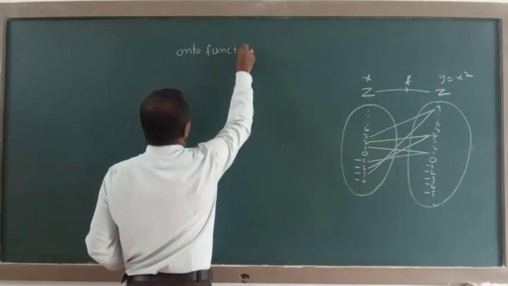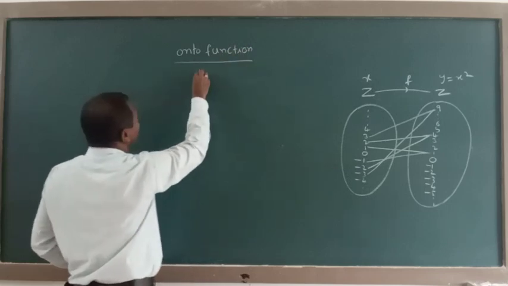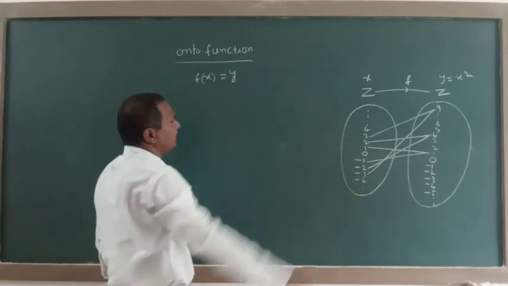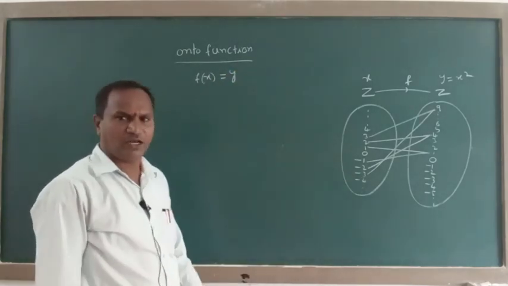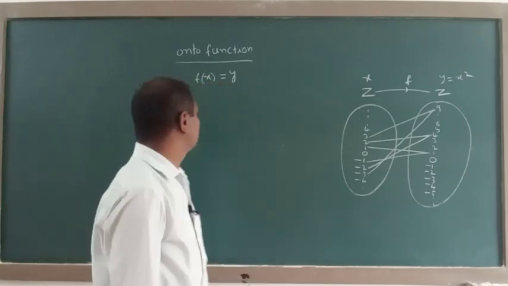Onto function here: f of x equal to y, the same common formula. This formula must be verified against the domain and codomain. Then only we can say whether f is an onto function.